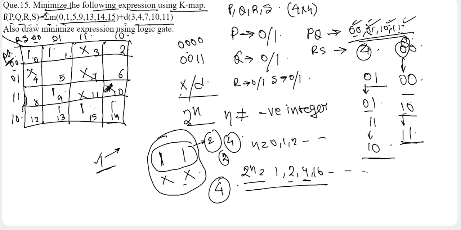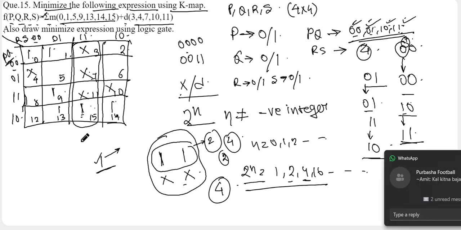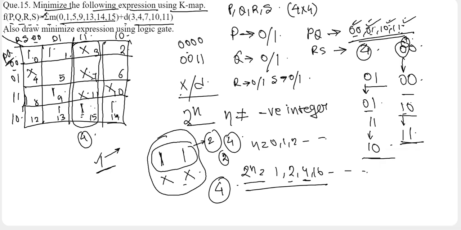Okay, so if we form this group here, this is a group of 4 because there are 3 don't care terms and there is 1. So this is a group of 4 which is allowed in our scenario.